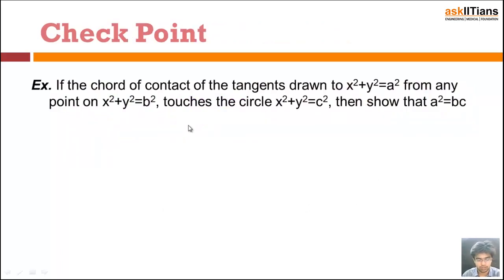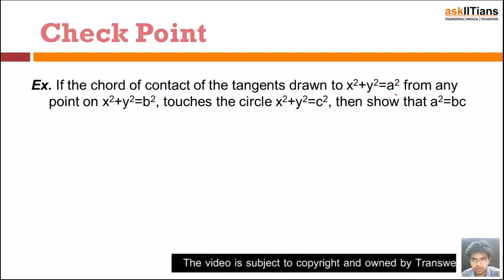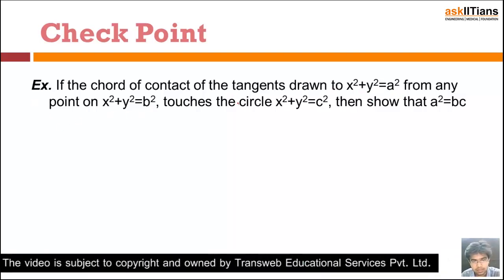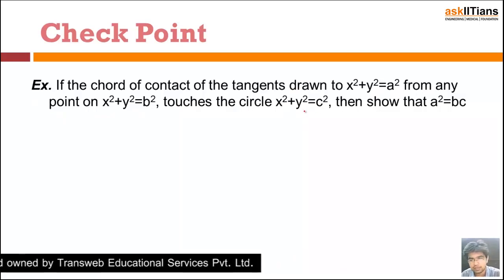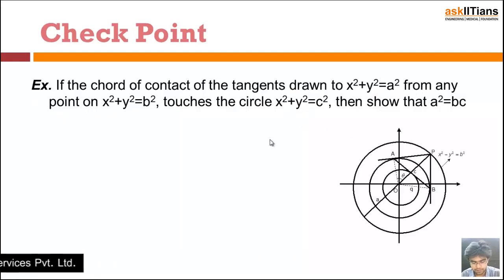Now let's do a question on this. Suppose we are drawing tangents to a circle, and the chord of contact drawn from any point touches another circle. That means there are three circles. The first circle, the outside one, is x square plus y square is equals to a square.